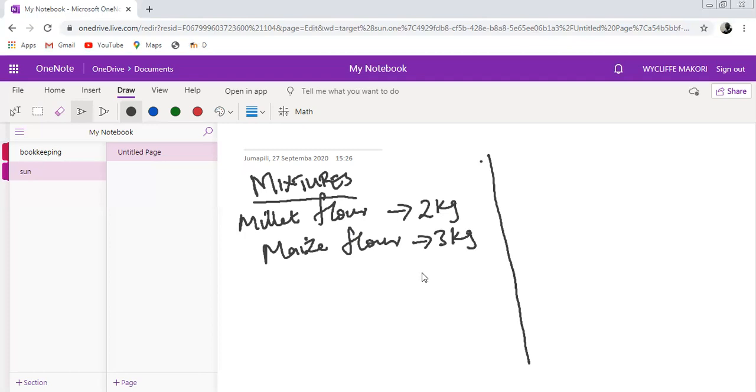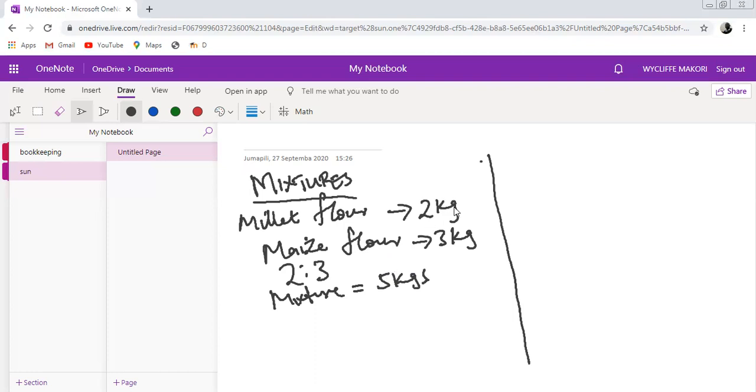One thing you will realize is that we have mixed them in the ratio of 2:3. That is, millet is to maize, the ratio is 2:3. And now the mixture is going to have 5 kgs. But of this 5 kg, 2 is for millet and 3 is for maize.